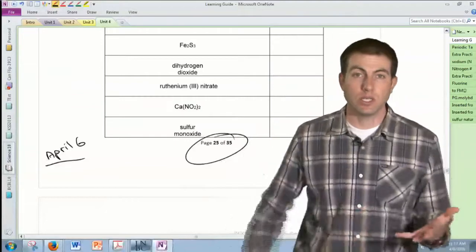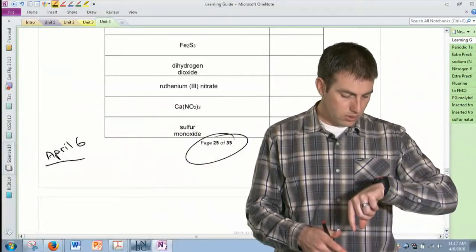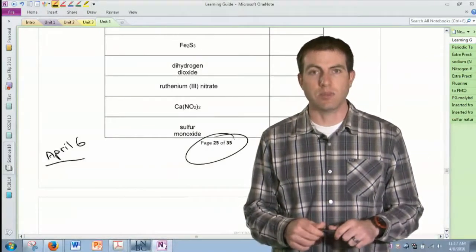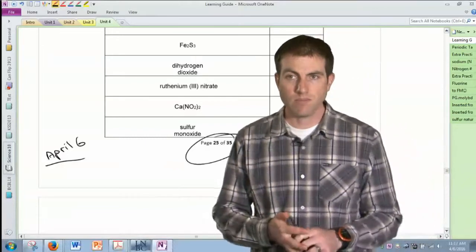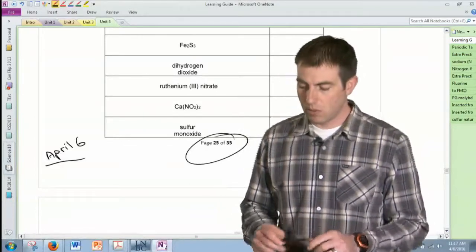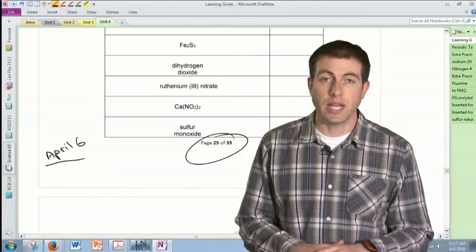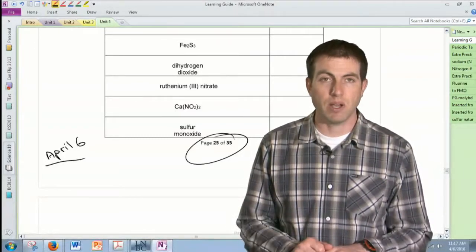So there we go. We're up to page 25. Similarly, two weeks from now, we have our science midterm. So we're going to cut off everything we've learned up to today. Next day when we have class, I'd be happy to answer any questions you had out of the learning guide or the extra practice that came up.